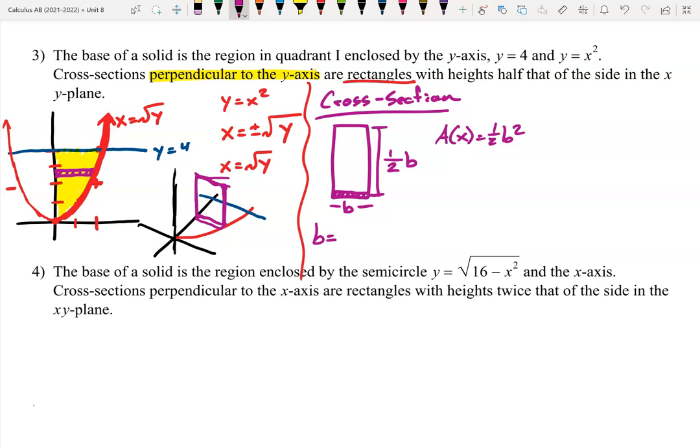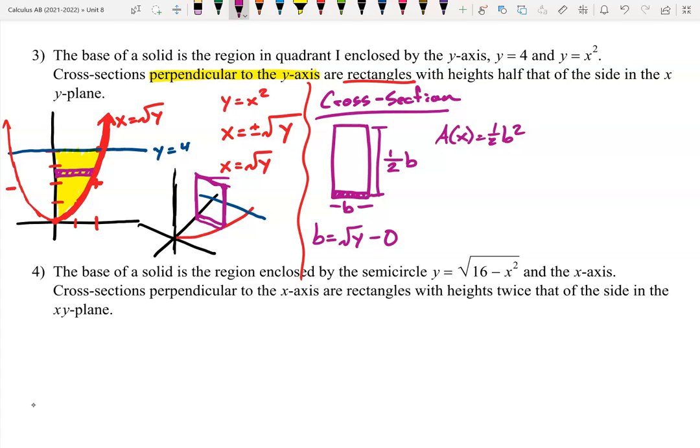So the right side is our function, the square root of y, and our left side is the y-axis. Going right minus left, I could write that as the square root of y minus 0, because the lower bound is the y-axis.